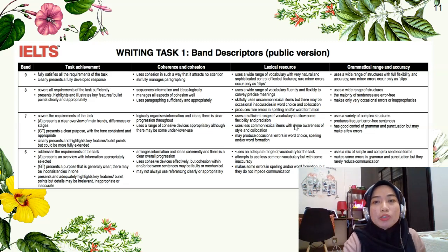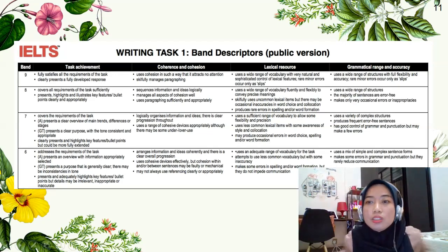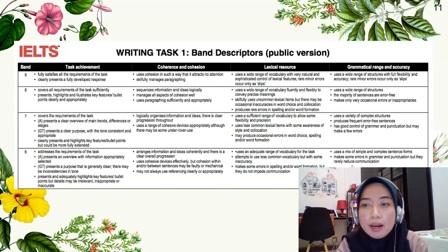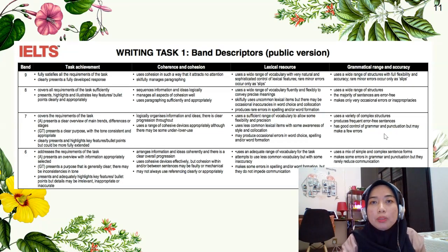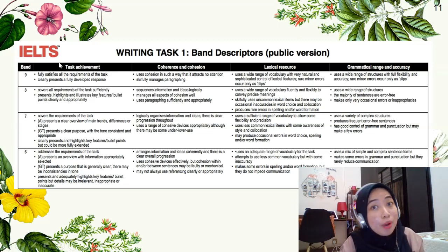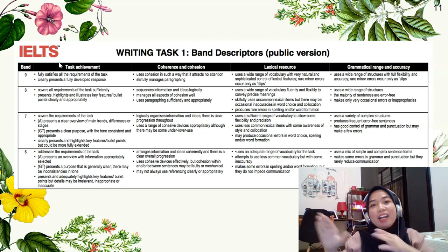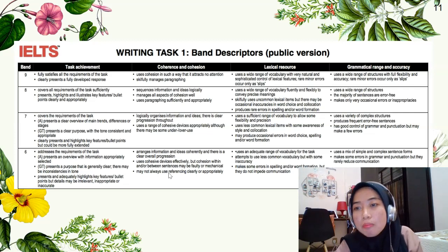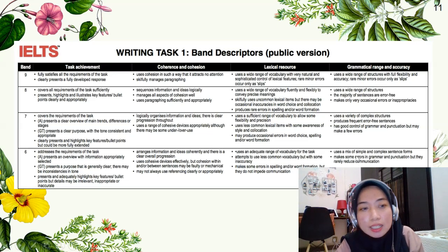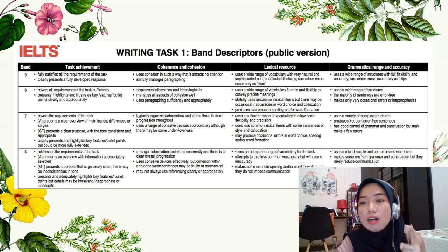Now, if we can look here, this is the rubrics of how instructors would mark in IELTS tests. So we have MUET, we have IELTS. If you want to get higher marks and higher bands for these English tests, you need to use a lot more. If you can see this, if you want to get band 6, you need to use a mixture of simple and complex sentences.